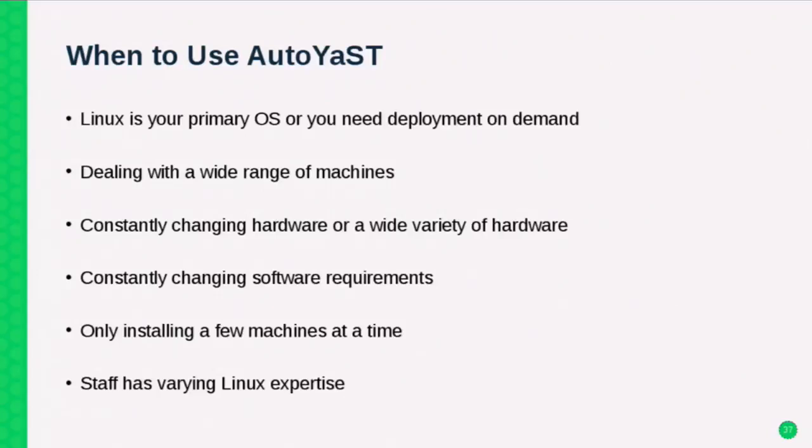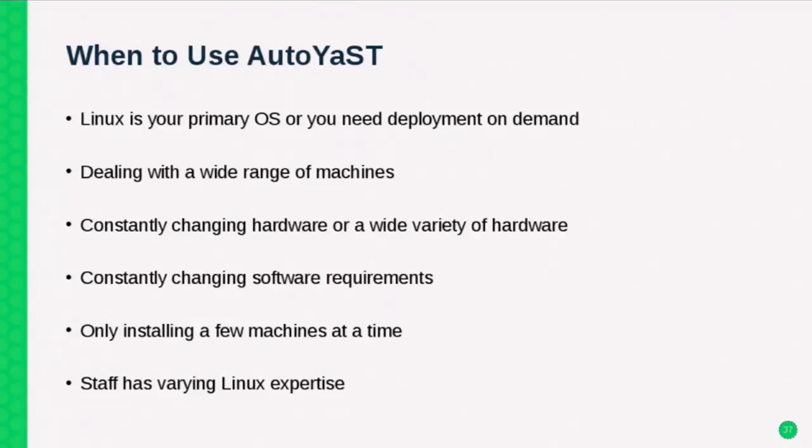It's very useful if you are dealing with various different systems. And it does not necessarily mean only different hardware, but it can also mean different hardware platforms. With AutoYaST, you can, with the same ease, deploy anything from an ARM device through a regular x86 PC to IBM's or other mainframes.